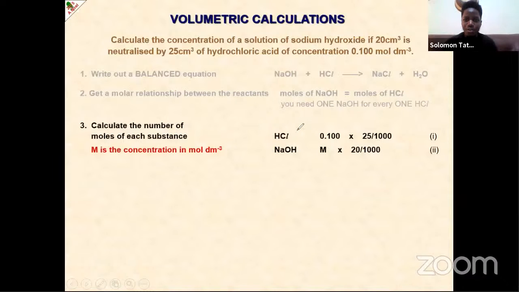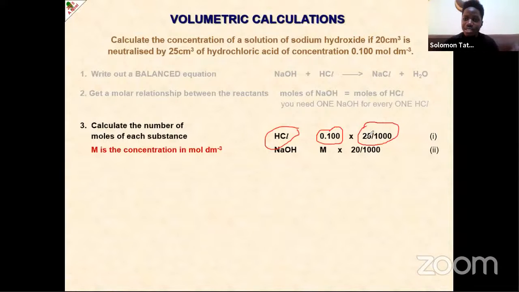Moles of HCl, we have the concentration, the molarity. Molarity times volume. That's the formula. If you go back to the presentation we had last time, there's a triangle for this. I made for you a triangle that you can always refer to. We have explained this also in first principles prior, so I won't repeat, but you have to know the molarity times the volume.